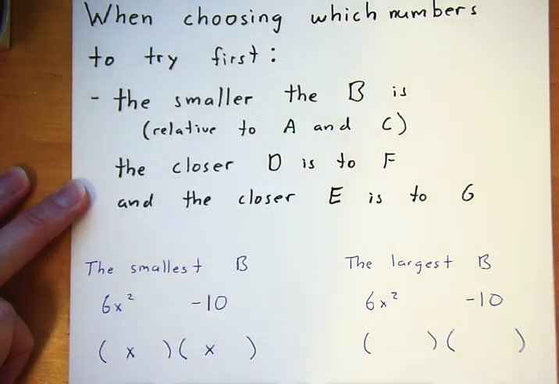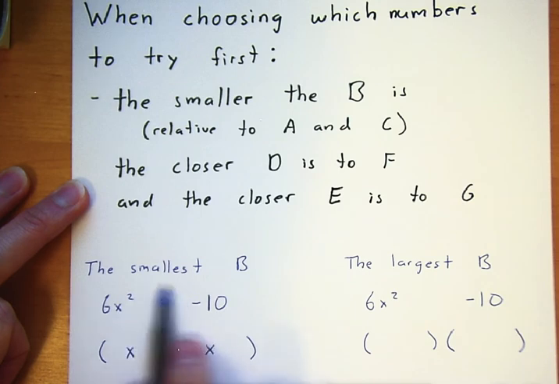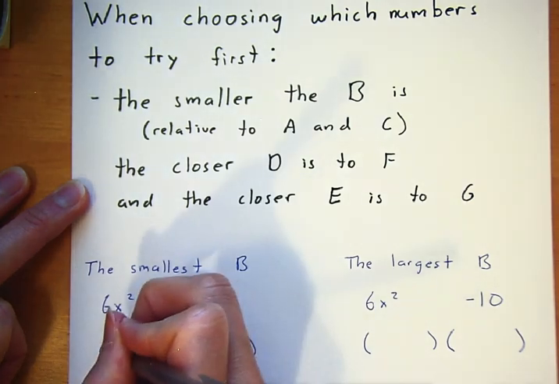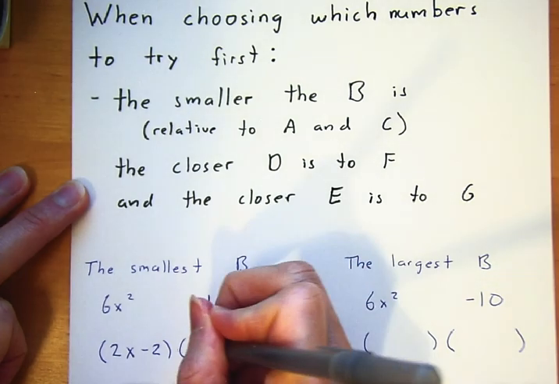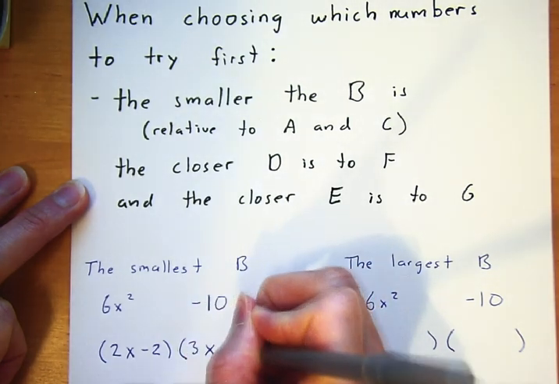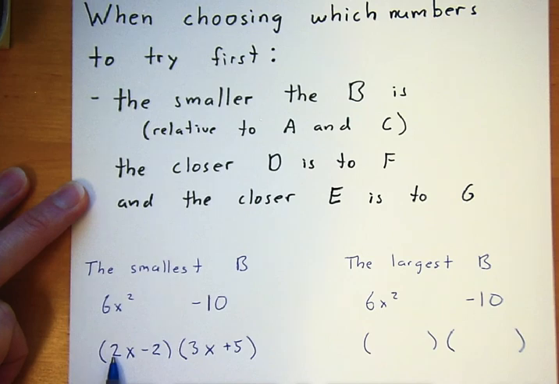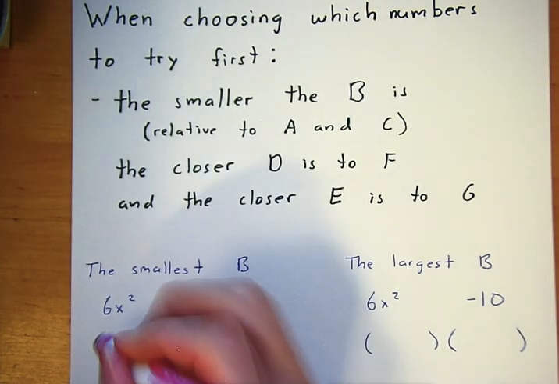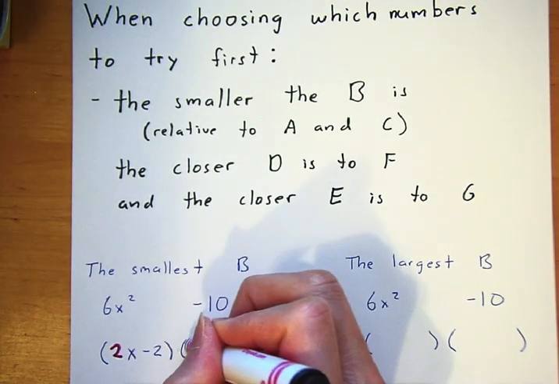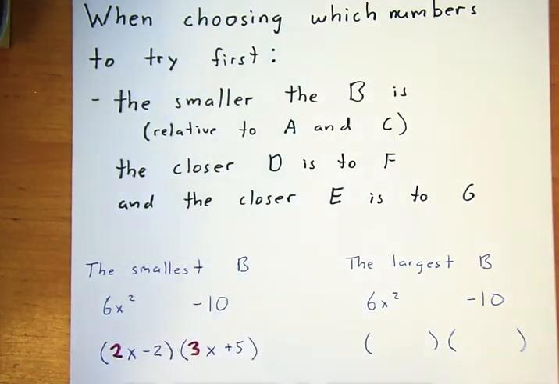And what it turns out, to get the smallest b here, if I had 2x minus 2 and 3x plus 5. This 2 and the 3 here, I got from the 2 and the 3 were factors of the 6.